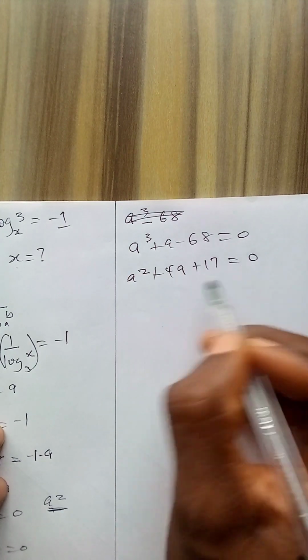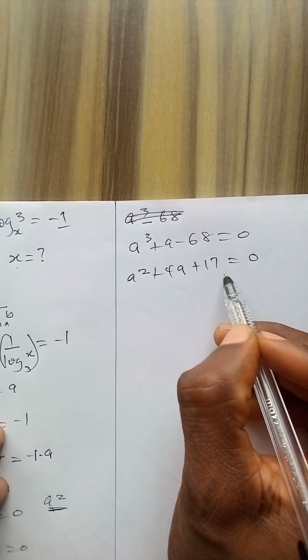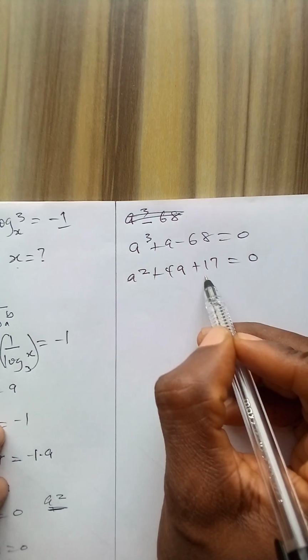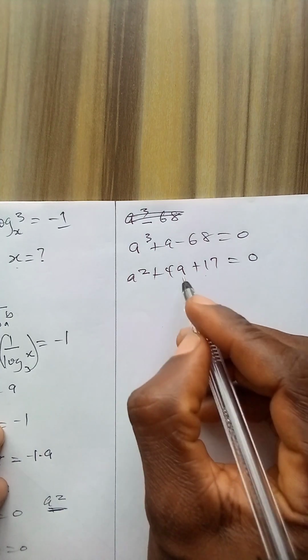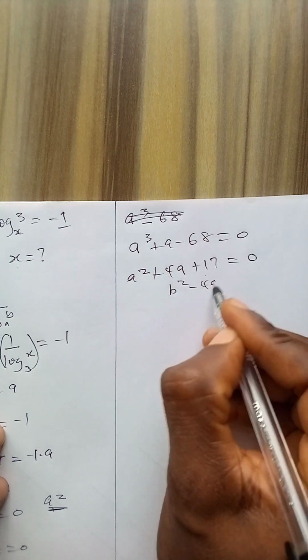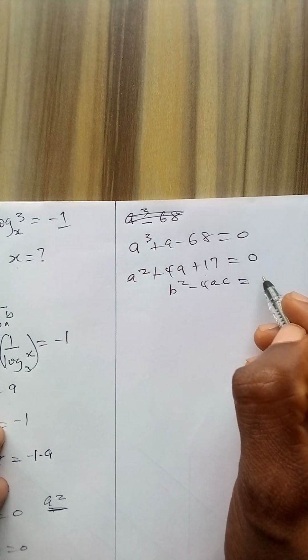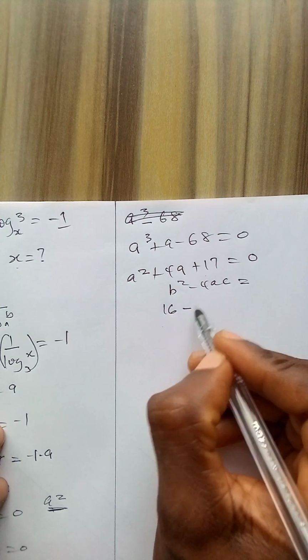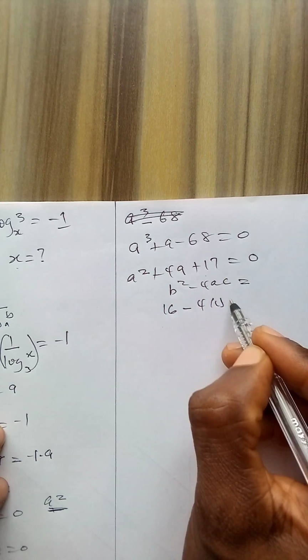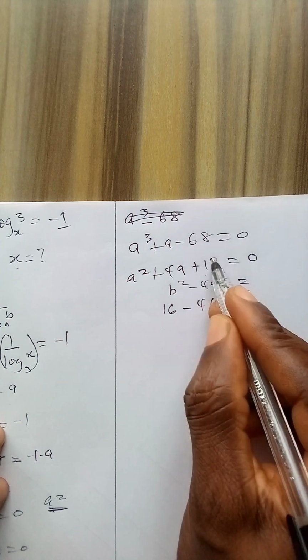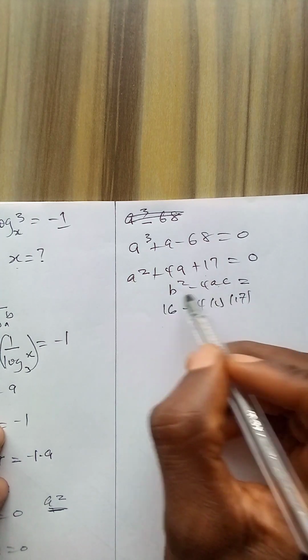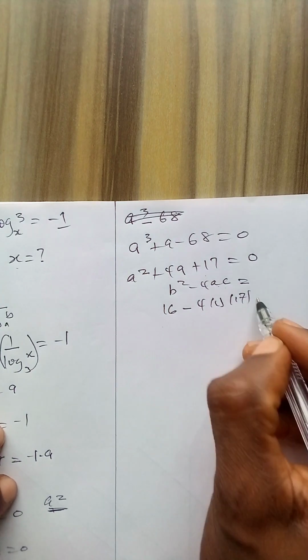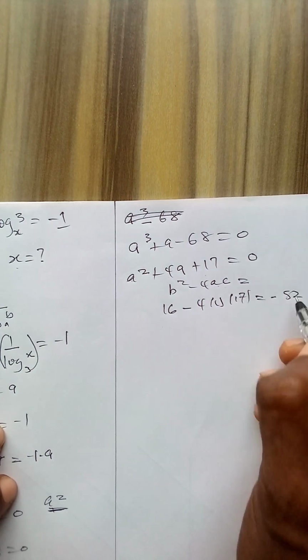If we now equate to 0, we have a quadratic equation. We cannot factorize this quadratic equation because if we check the discriminant, which is b squared minus 4ac, we are going to get a complex number. Now, b squared is 16. Then 4 times 1 times 17, because c is 17, a is 1, and b is 4. We have minus 52.